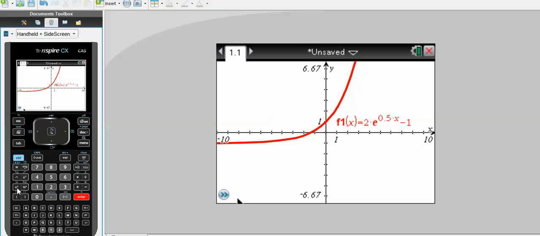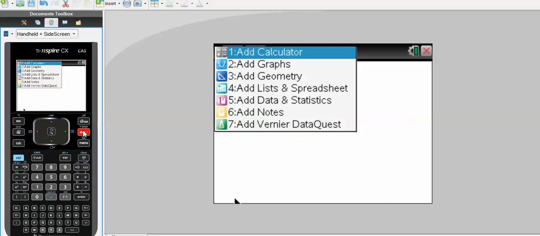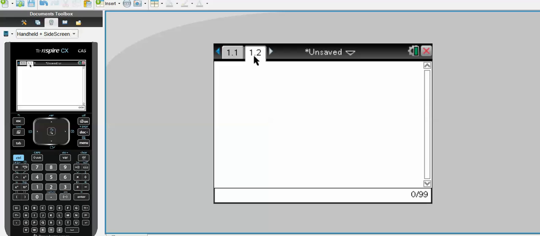If I wanted to double check it even further, I've got f1 defined now, so if I go to a calculator page and try f1 of 0, see what that gives me. 1, that works. And I can also try f1 of, what was it? 2, wasn't it? 2, enter.